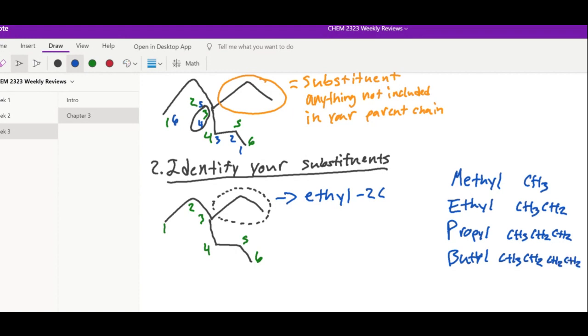Now that we identified ethyl and we realized 3 is the lower number, going back to this point, we want our substituents on the lowest numbers. So put these on the lowest numbers.